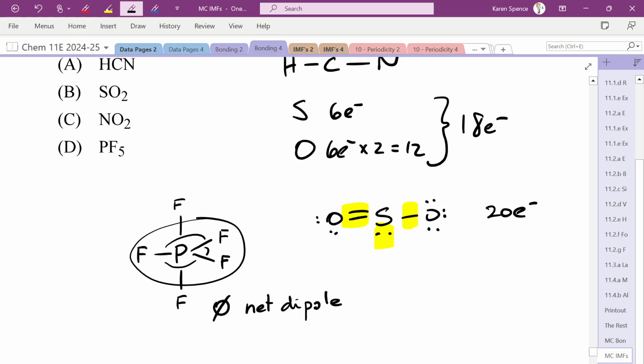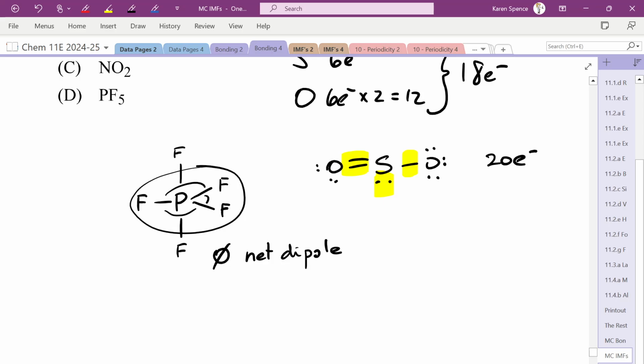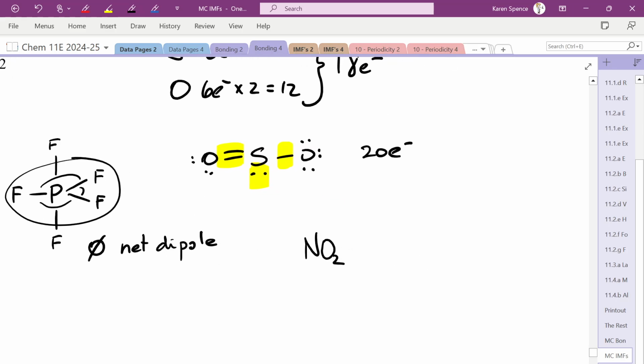Yes. Pardon me? It's only 17. NO2. Oh, okay. NO2 is one of those weird ones where it has only 17 electrons, and we haven't really done much with those.